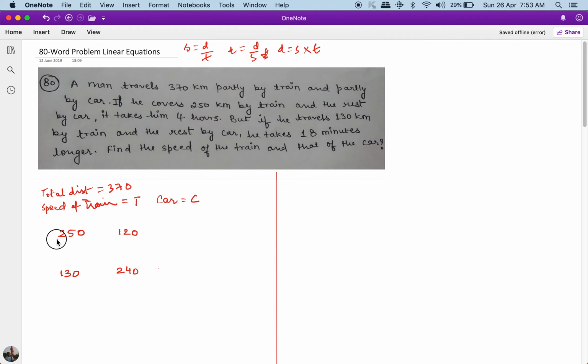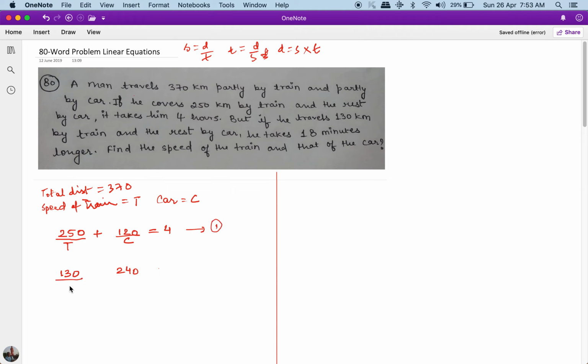So if this is the distance traveled by train at the speed of train, then this 250 by t is the amount of time he spent in the train, plus the amount of time he spent in the car, is equal to 4, and this is our condition 1.